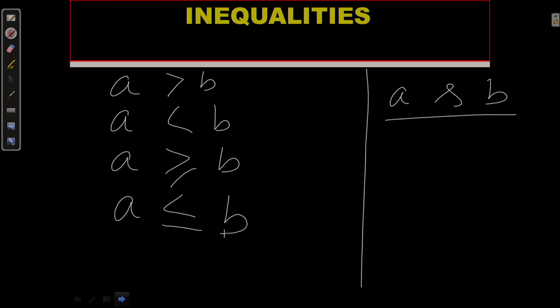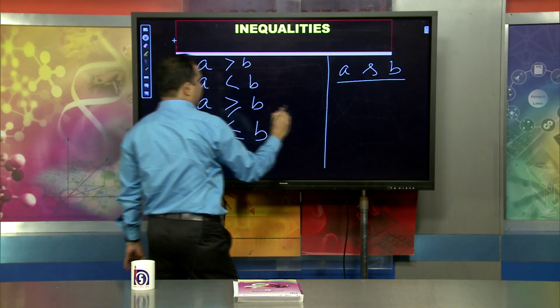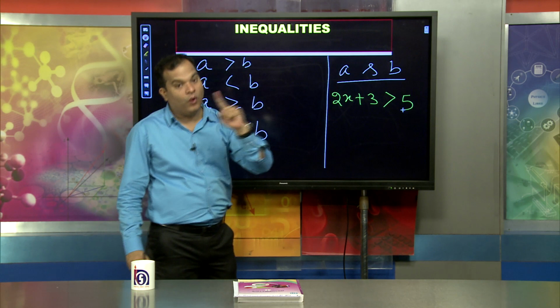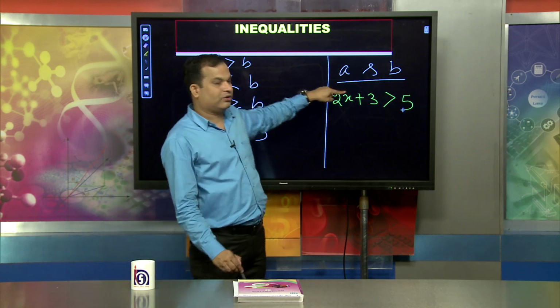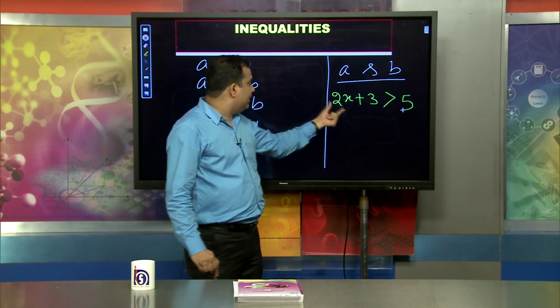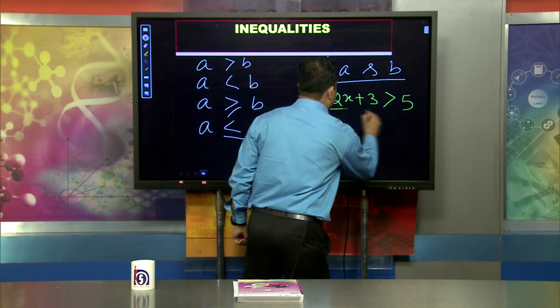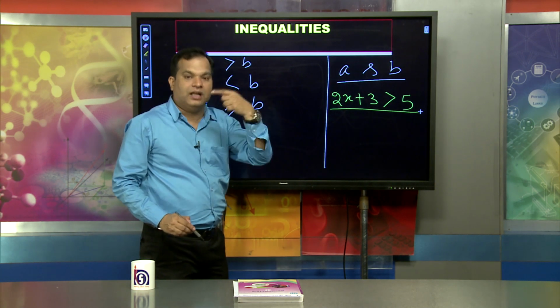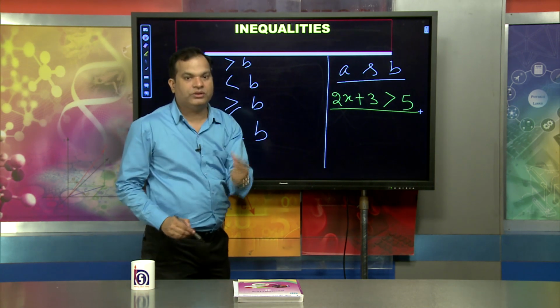When talking about linear inequality, suppose 2x plus 3 greater than or equal to 5. You see here the variable is involved and the degree of the variable is 1, 2x, not 2x square. Linear inequality means the variable is involved and the power of the variable is only 1.